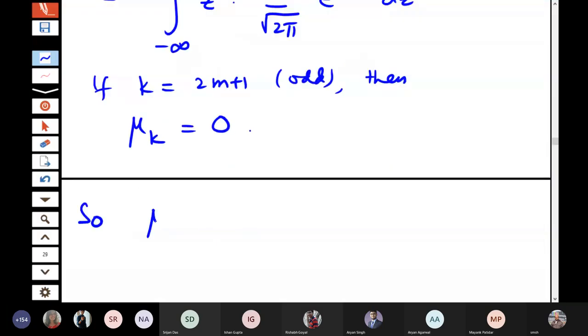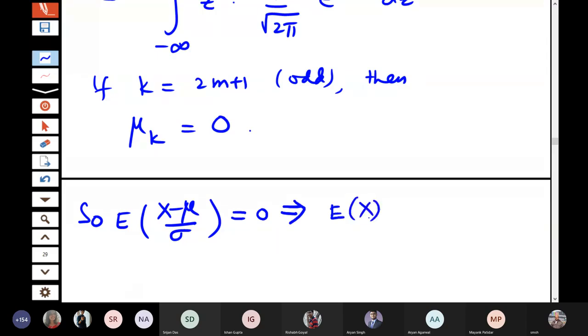So if I consider, say, expectation of x minus mu by sigma, because I am taking k equal to 1, then this is 0. This means expectation of x is equal to mu.